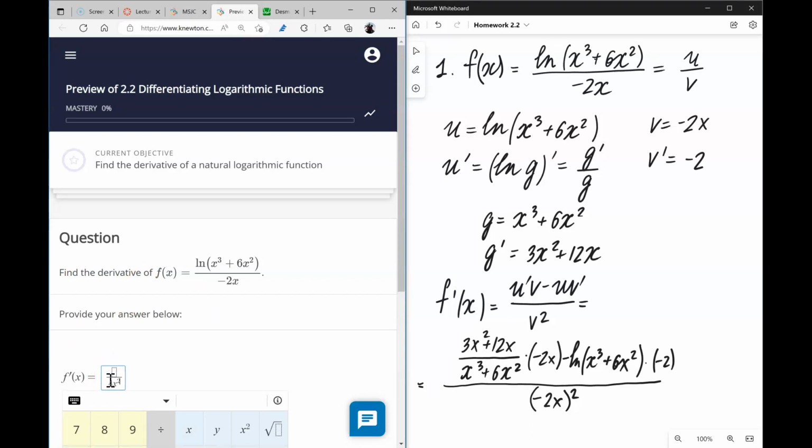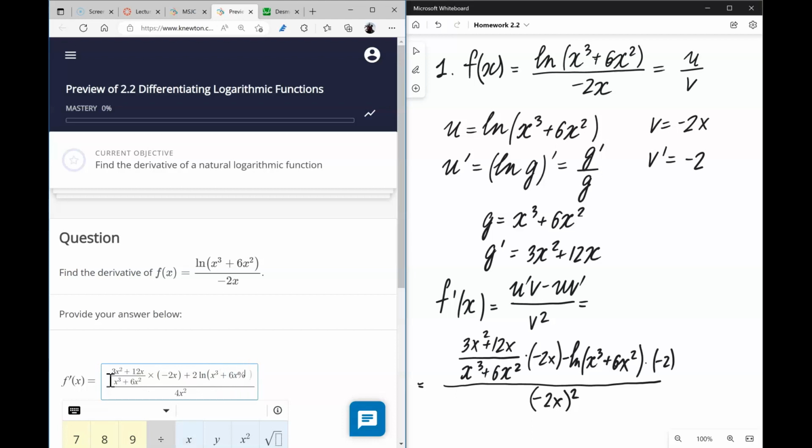The denominator is 4x squared, and the numerator is: we have the first fraction, 3x squared plus 12x divided by x cubed plus 6x squared, times negative 2x, minus, and we have negative 2, so minus minus, it's plus 2 ln of x cubed plus 6x squared.